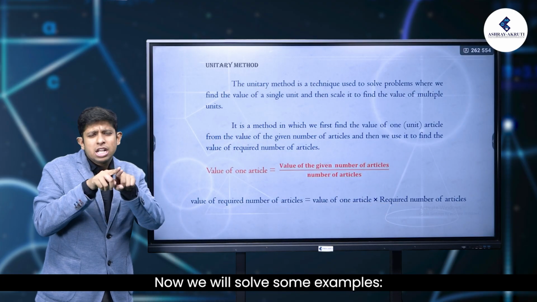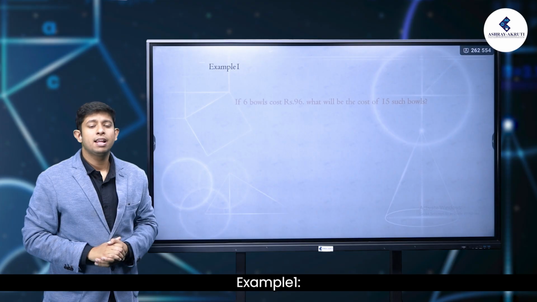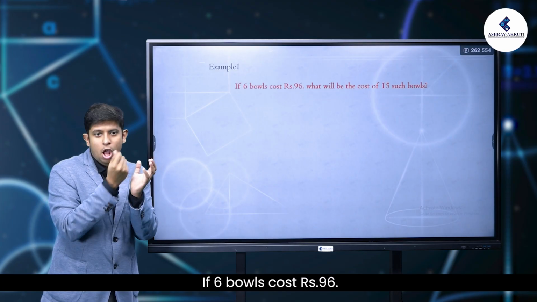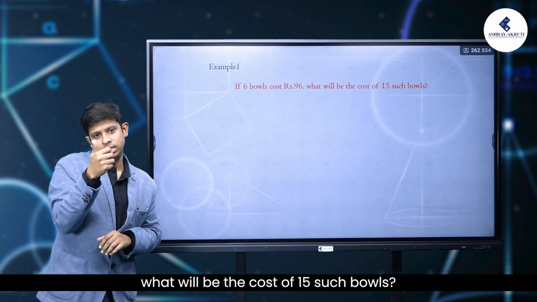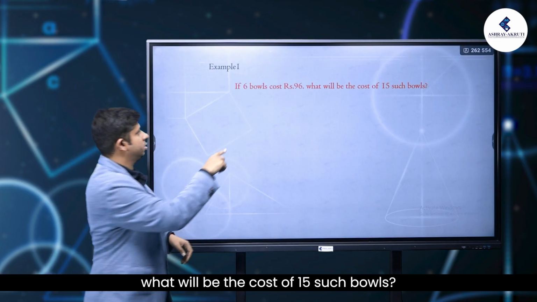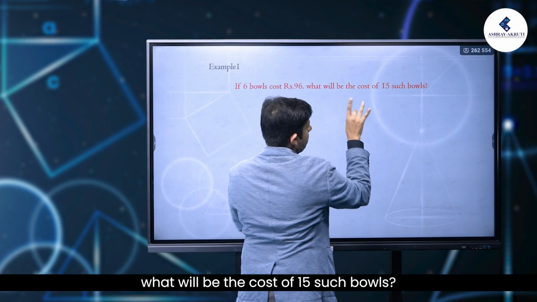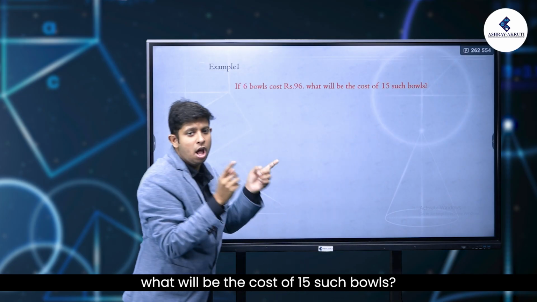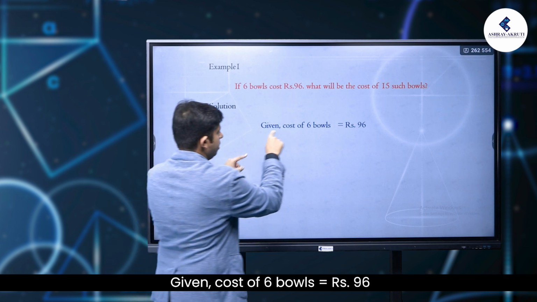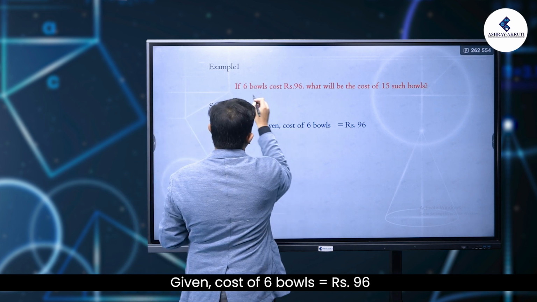Now we will solve some examples. Example 1. If 6 bowls cost Rs 96, what will be the cost of 15 such bowls? Solution. Given cost of 6 bowls equals Rs 96.